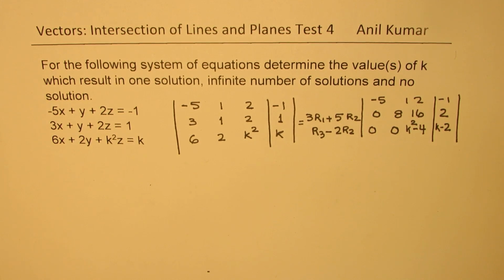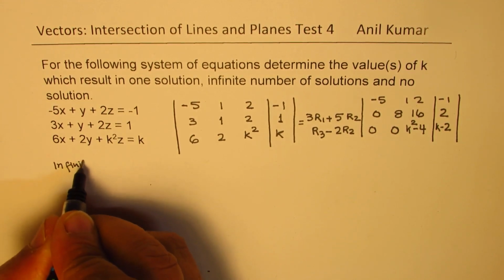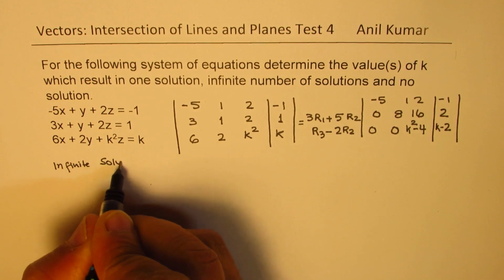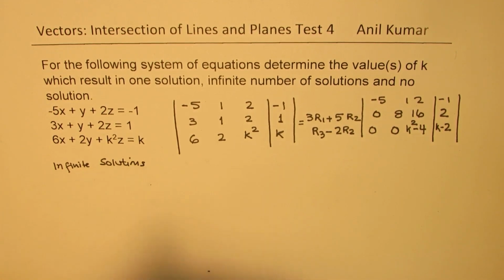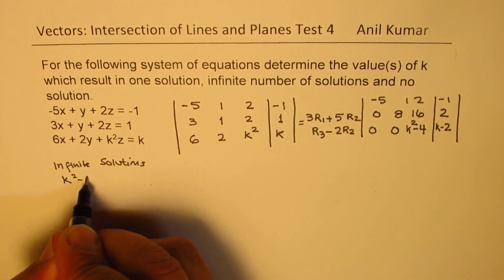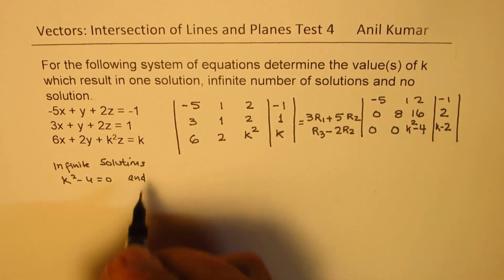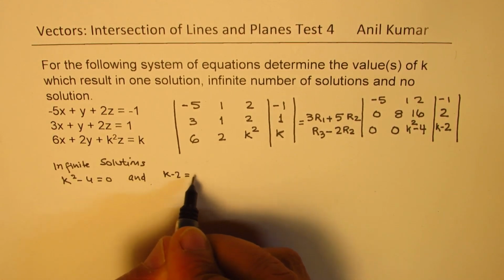Now the idea here is that we actually get infinite solutions if we could make k square minus 4 equals to 0, and if you could make k minus 2 equals to 0.